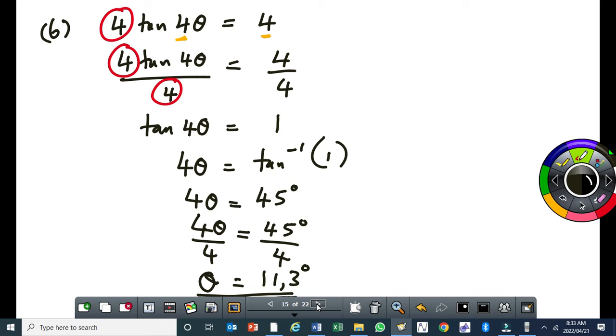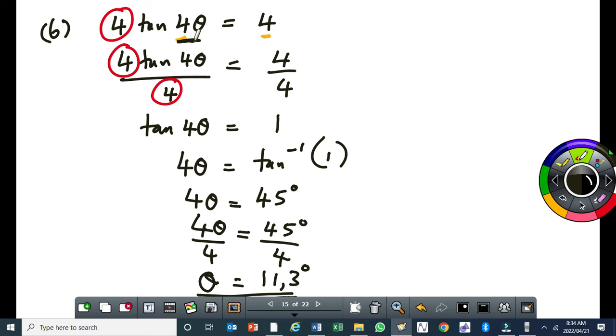So basically, in the first example, those two numbers stay divided. Even if they are not the same, you have to divide by the coefficient of tan first, or sine or cos. But don't touch the angle here. Don't divide by the coefficient of the letter.